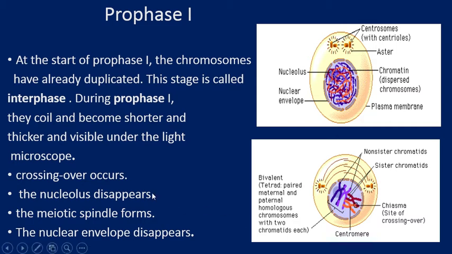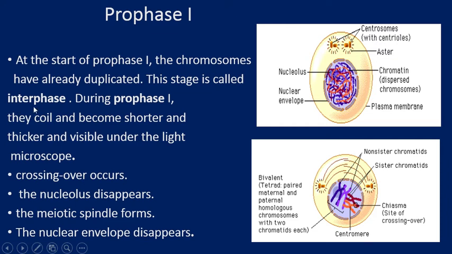Now what happened in this prophase 1? At the start of prophase 1, the chromosomes have already duplicated. Before this, you know that chromosomes are thread-like structures, but before prophase 1 starts, they duplicate, and that stage is called interphase.